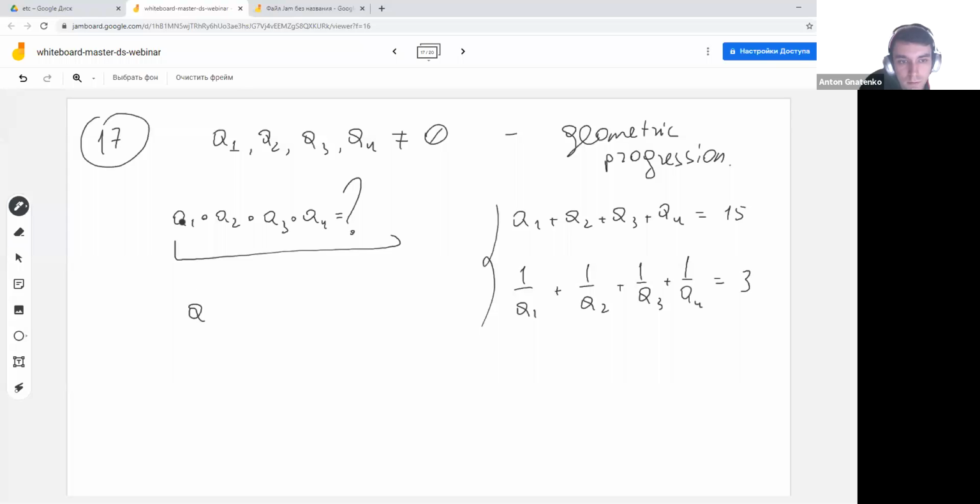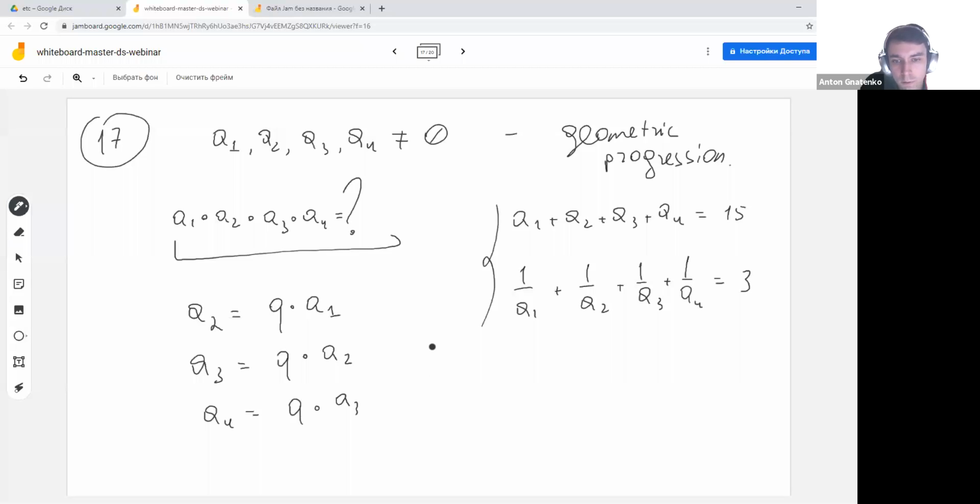If A1, A2, A3, and A4 form a geometric progression, this means that A2 equals some number Q multiplied by A1, and A3 equals the very same number Q multiplied by A2, and A4 equals the very same number Q multiplied by A3. So this is just the definition of the progression, okay?